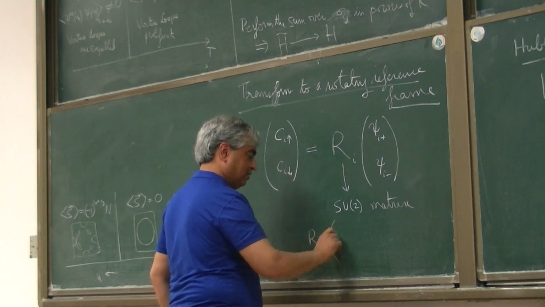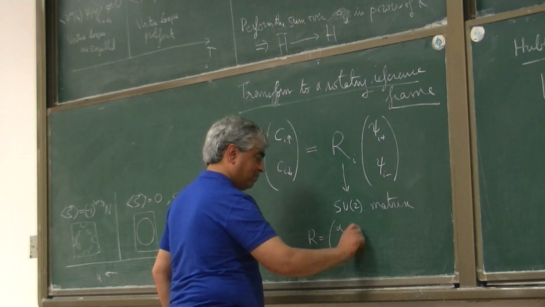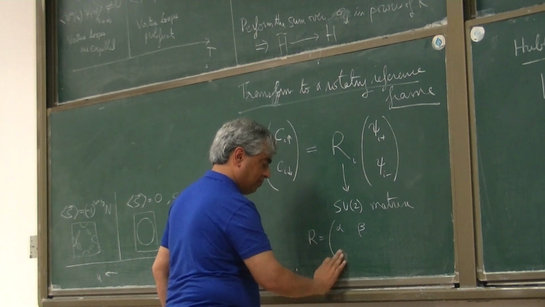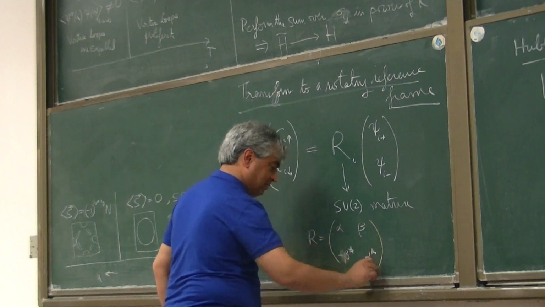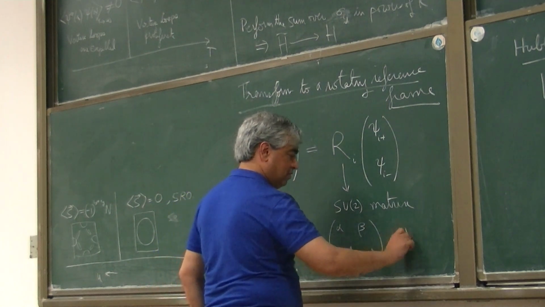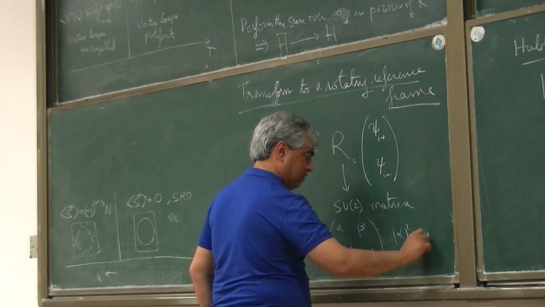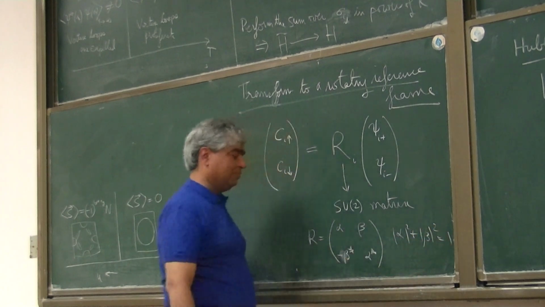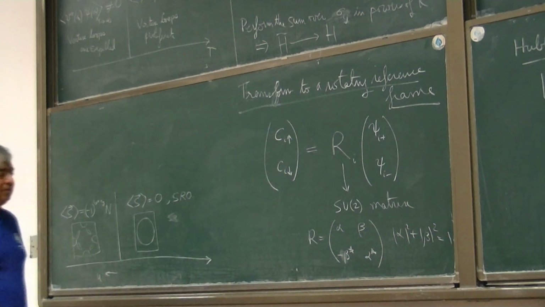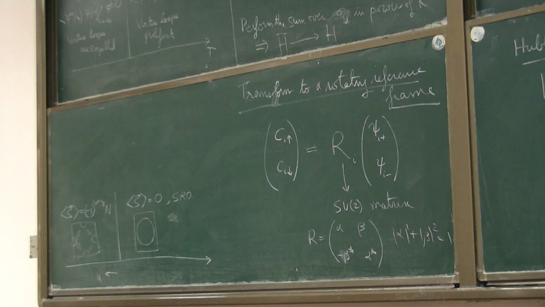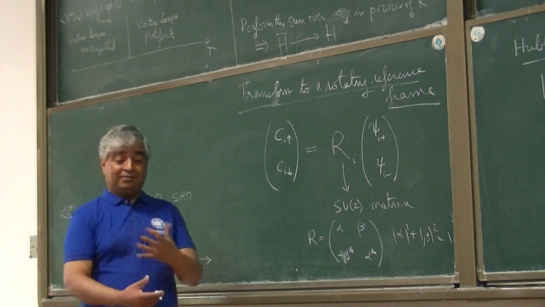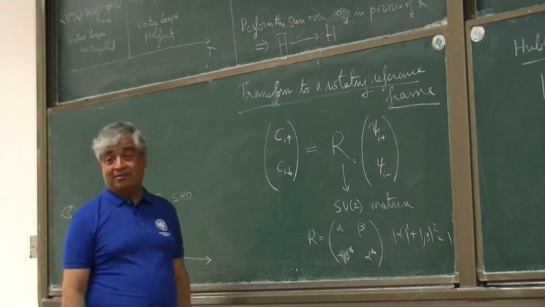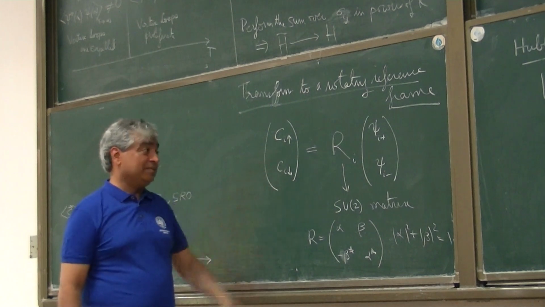R is something like alpha, beta, minus beta star, alpha star, and alpha squared plus beta squared is 1. So that's the most general SU(2) matrix, determinant 1 and it's unitary. Okay, so this is a rotation of just the electron operator in spin space.